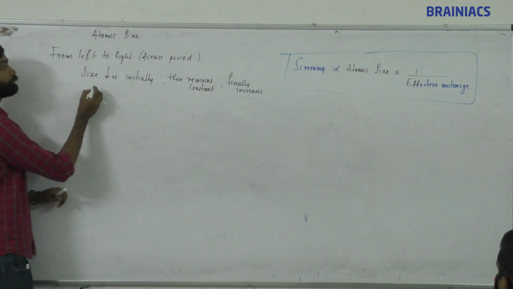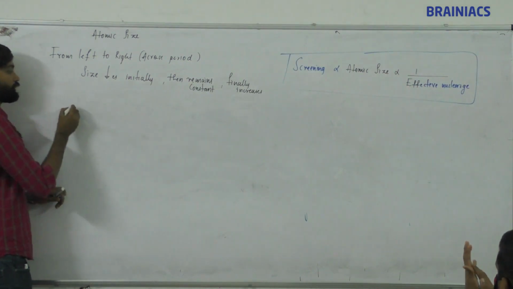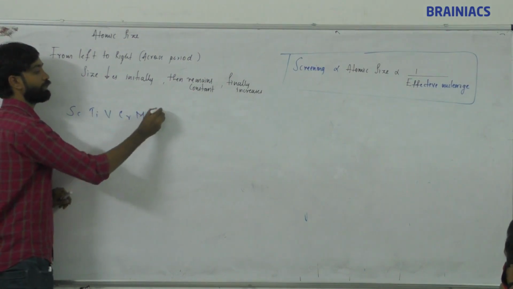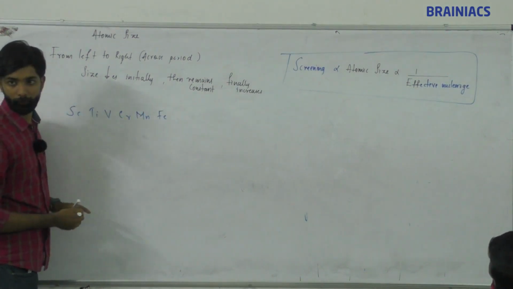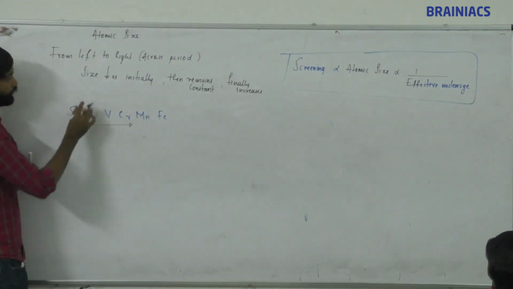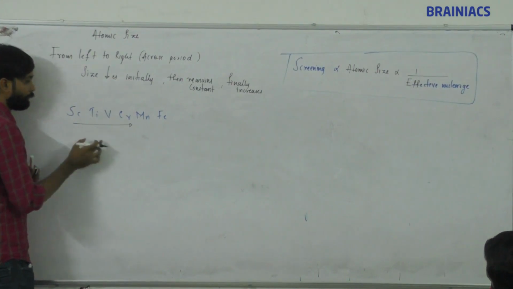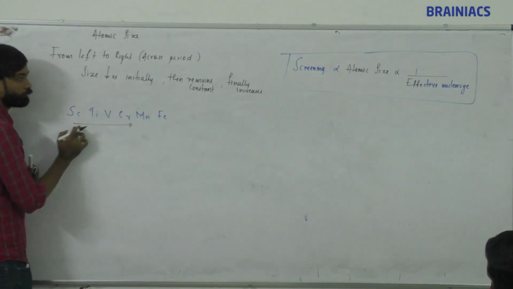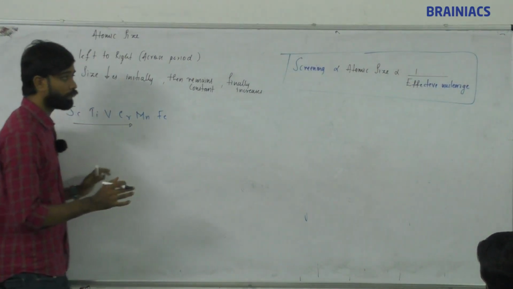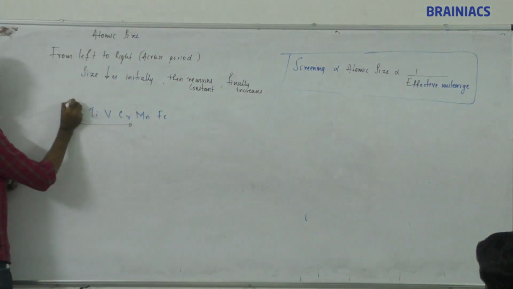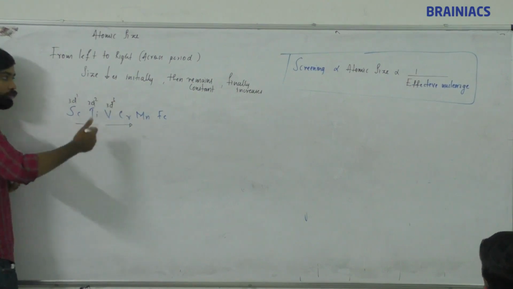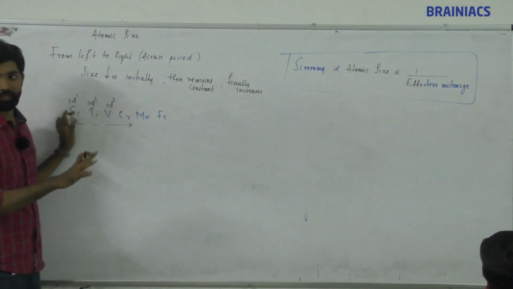In the first case, as electrons move, scandium, titanium, chromium, manganese, iron, cobalt, nickel, copper, like that, as we move from left to right, nuclear charge increases, but the screening is not much effective because the electrons, 3d1, 3d2, 3d3, are inner electrons coming in, so there is no screening.